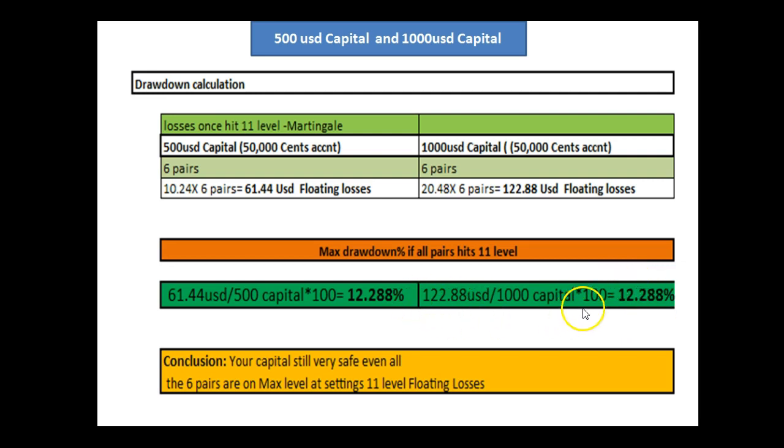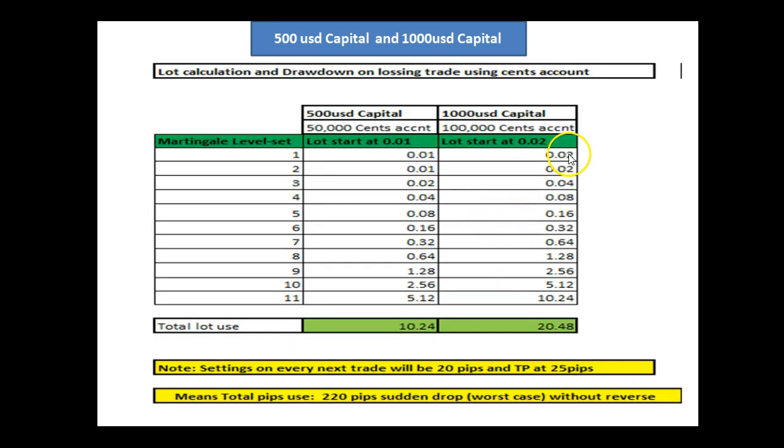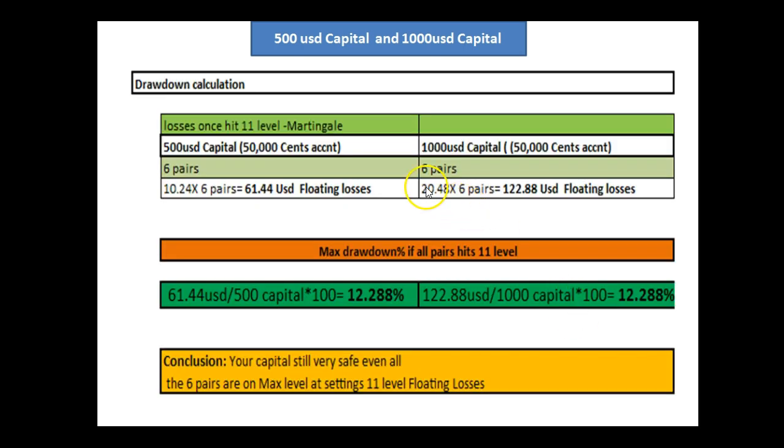So it's the same. With your 1,000, because your lot size here starts higher and goes higher. Remember, the total lot size on your cents account will be 20.48 lot you're using.